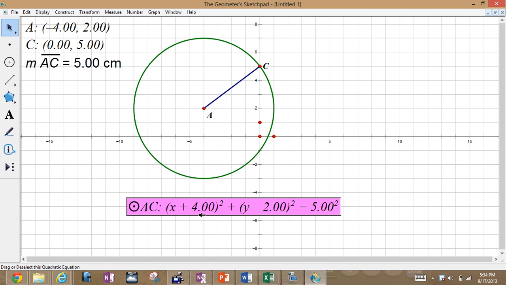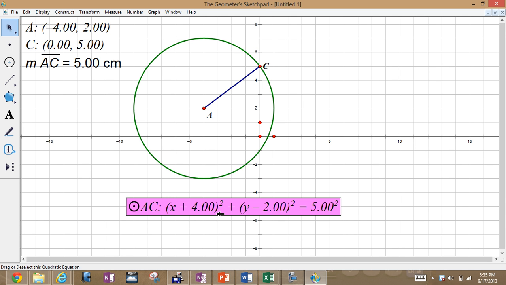Basically, it is the equation of a circle where the center can be identified right here. We'll learn that it actually reads x minus the x-coordinate, which we'll call h, and y minus the y-coordinate, which we'll call k, is equal to the radius squared. So there is your form for the equation of the circle.